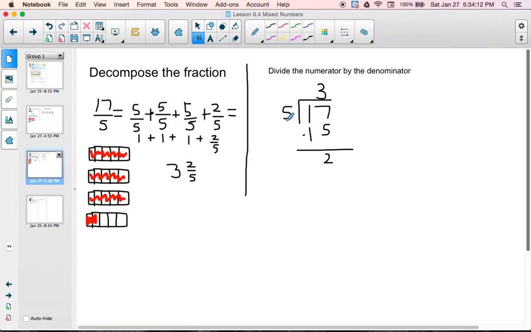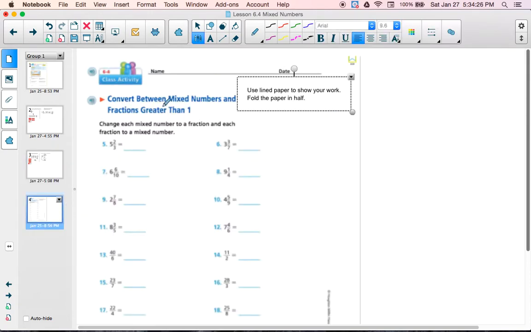Subtract, and then you write the divisor underneath as a fraction: 2/5. 3 and 2/5. All right? So let's practice a little bit with some of these. I want you to get out some lined paper, fold the paper in half, and show your work on these problems, okay?